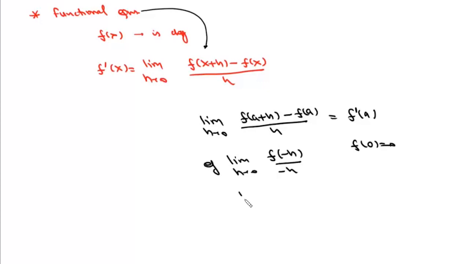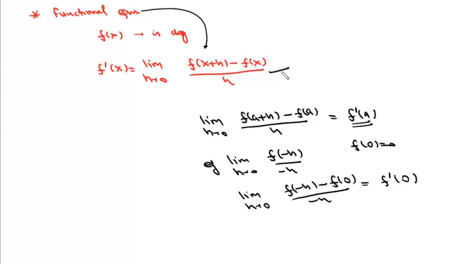So we can write this as the limit h tends to 0 of [f(-h) minus f(0)] upon -h, which is basically the left hand derivative at 0, and since this function is differentiable, it will be equal to f'(0). So we'll keep substituting particular values of derivative if they appear in the solution of this functional equation.